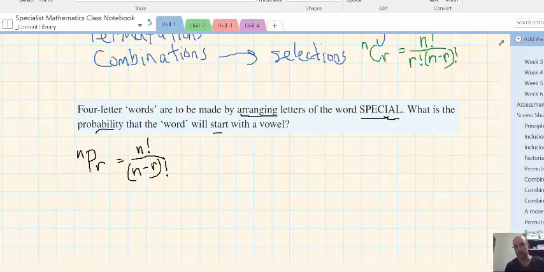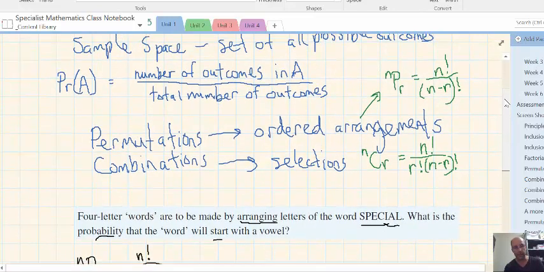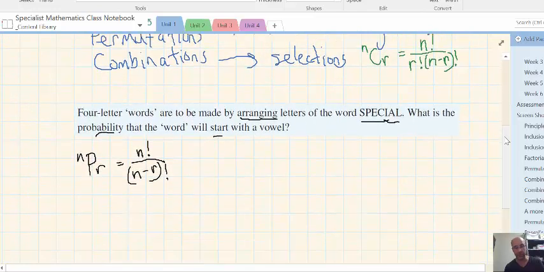Alright, so what information do we need to engage with? Because of the definition of probability, which was back up here, and that is the number of outcomes in A over the total number of outcomes, we need to get the total number of outcomes first. So we're looking at the bottom of that probability formula, the total number of outcomes.